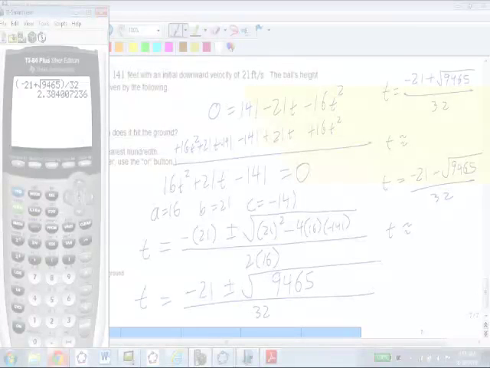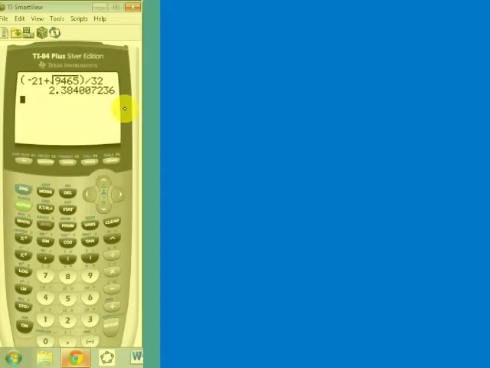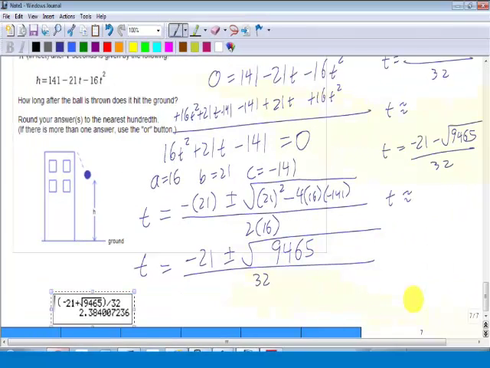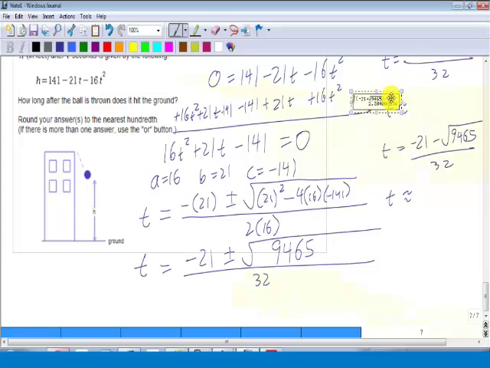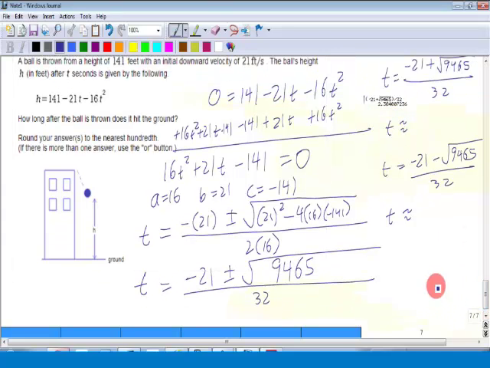So if I'm rounding that, I'm going to say 2.38 seconds. T is time.